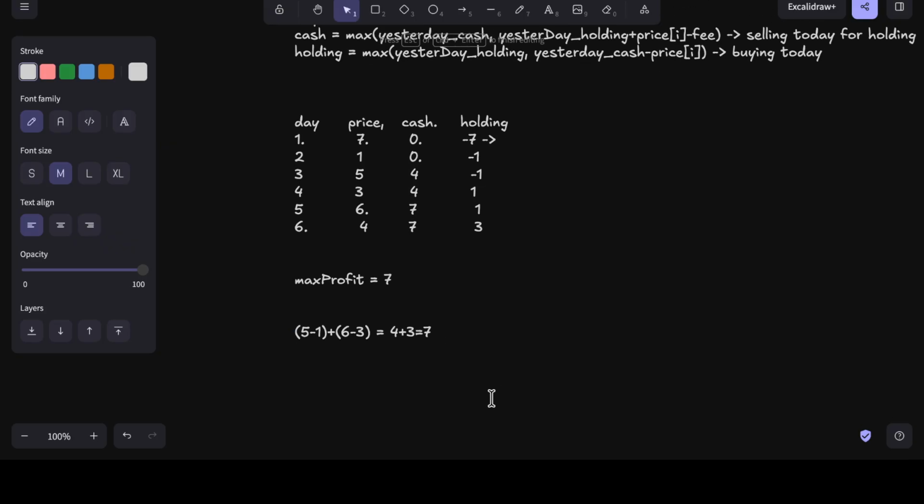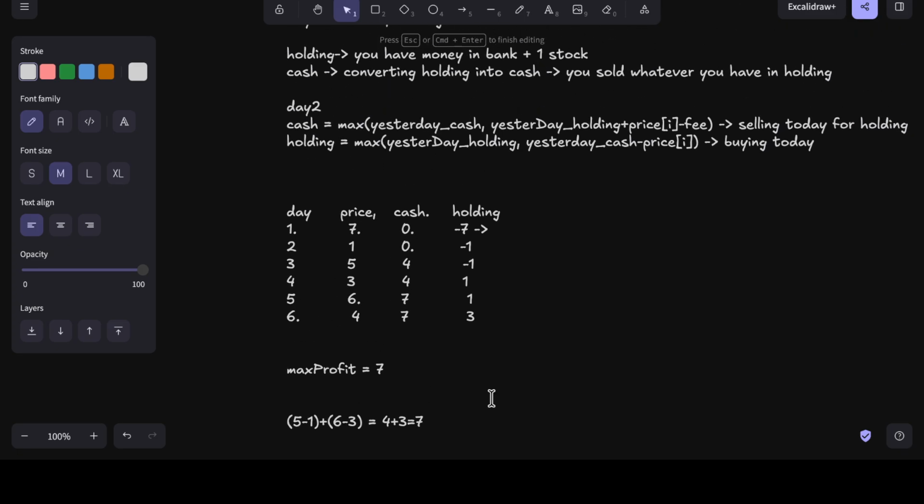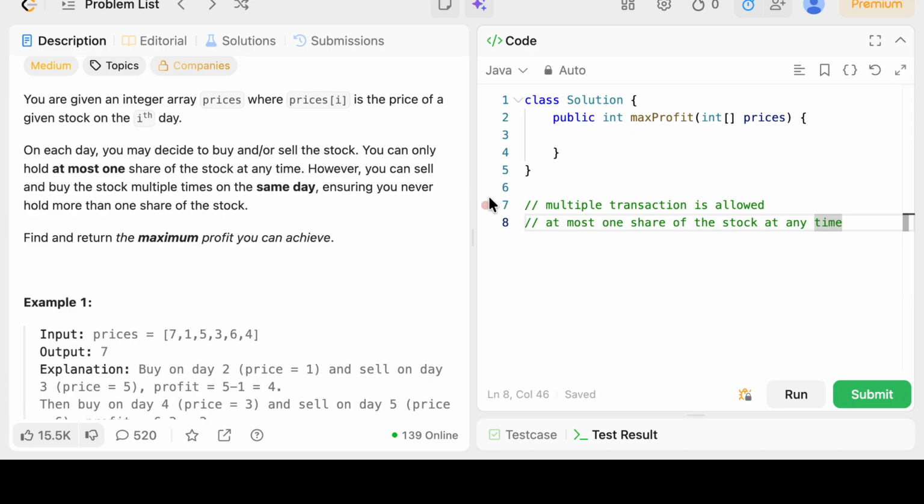Total profit 7, with 2 transactions. So this is the intuition. All other variants of this will be slight changes. Let me just write down the code for it.